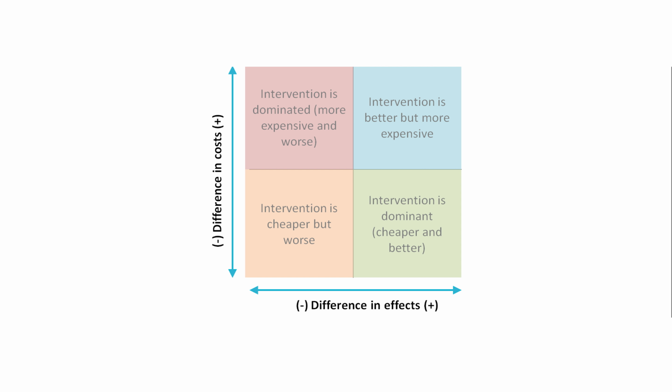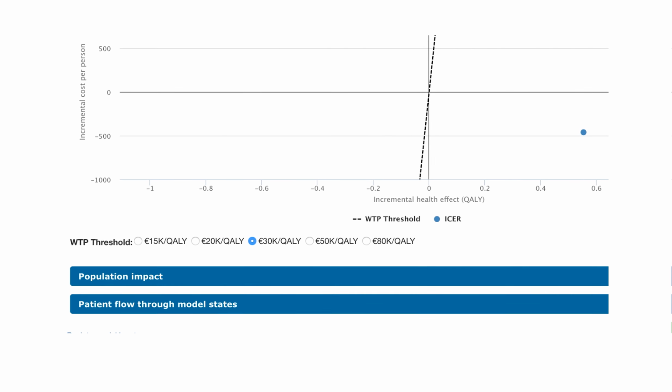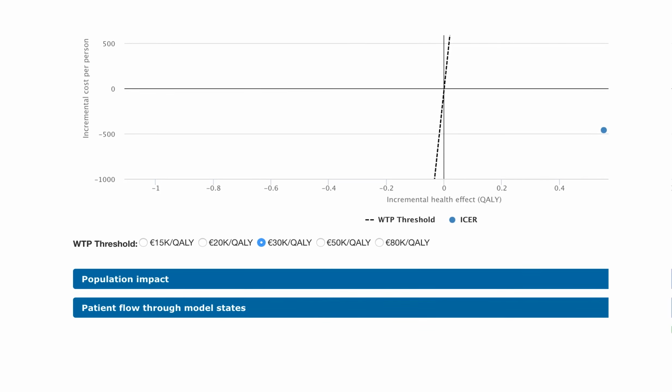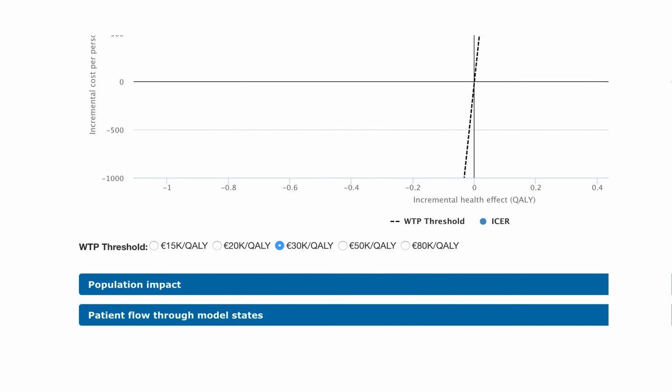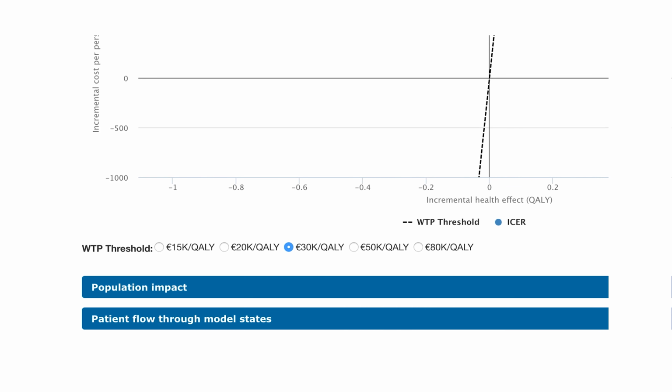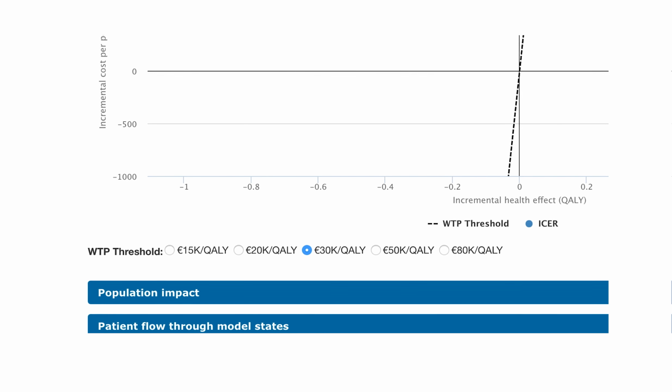If the blue dot is located in the other two quadrants, that is, the upper right or the lower left quadrant, then it will be useful to compare the location of the blue dot to the willingness to pay, or WTP, plot found here. Below the cost effectiveness plane, you will find the 5 given WTP threshold values. The WTP values are especially important if the blue dot is located in either the upper right plane or the lower right plane.